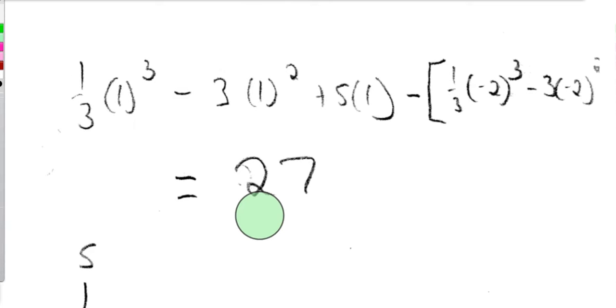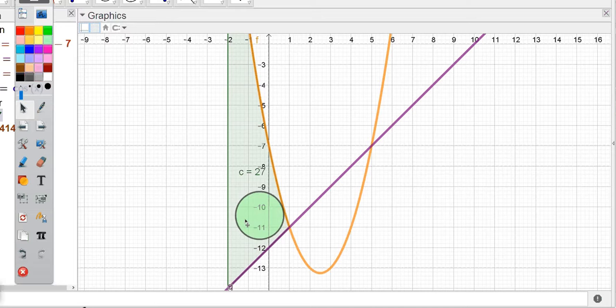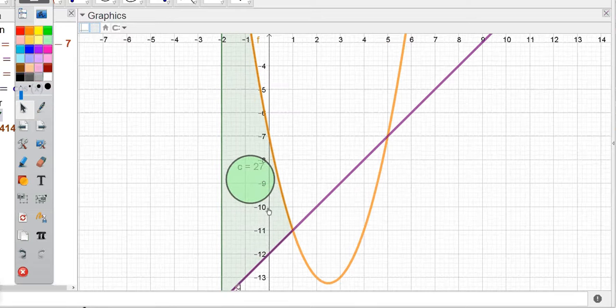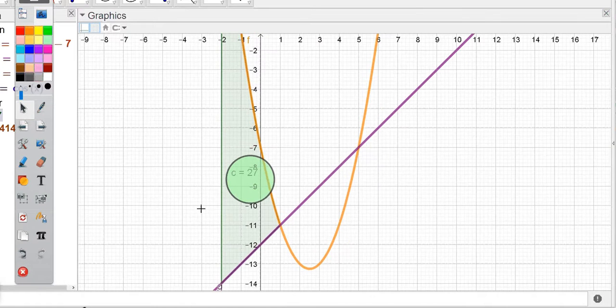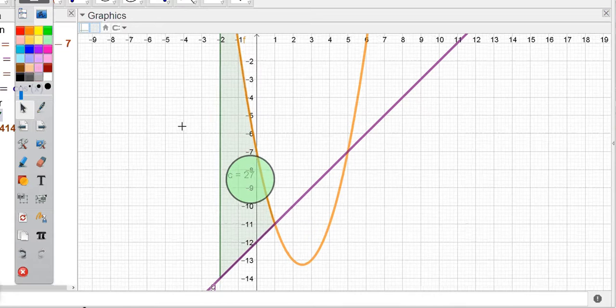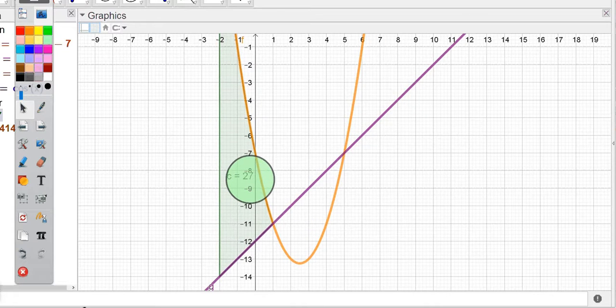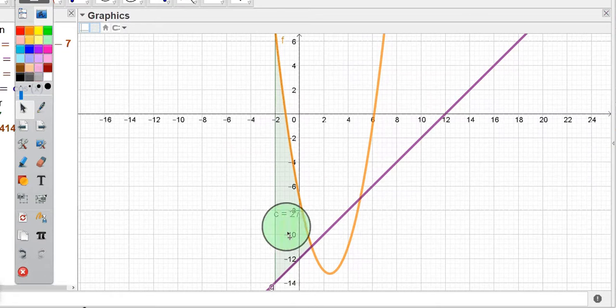Okay, so I did confirm that it actually was 27. I guess when you zoom out of this graph, you can see that there's actually a lot of space there. So that entire area is indeed 27 between F and G. And again, this time it's going to definitely be positive because I'm doing the upper minus the lower.